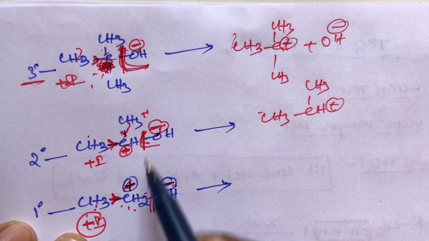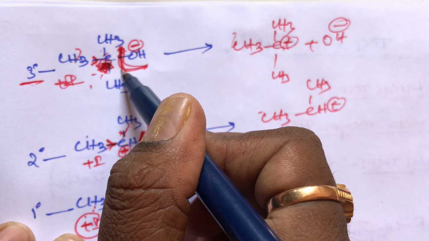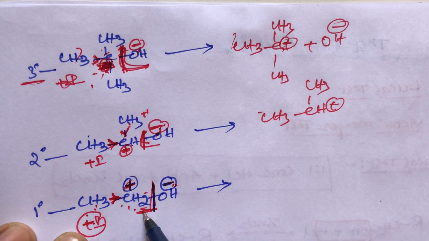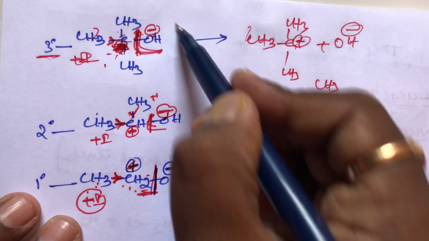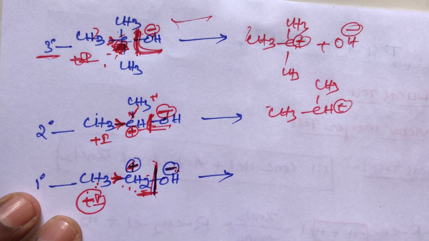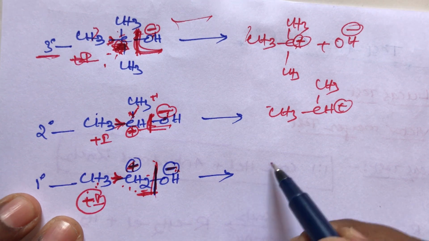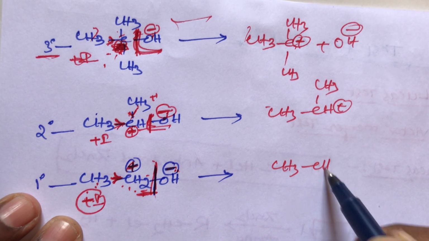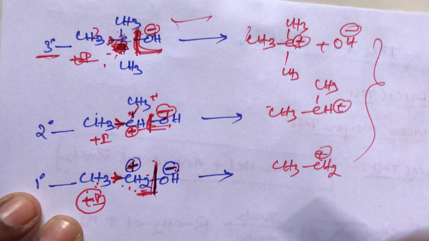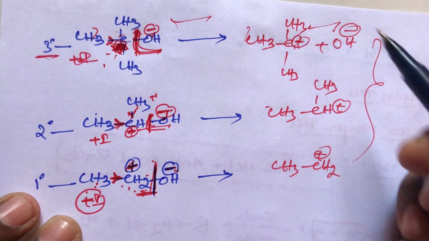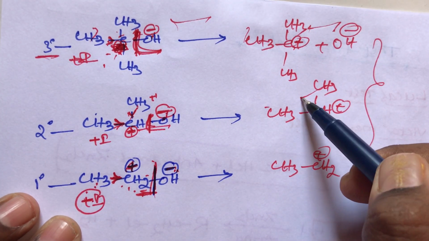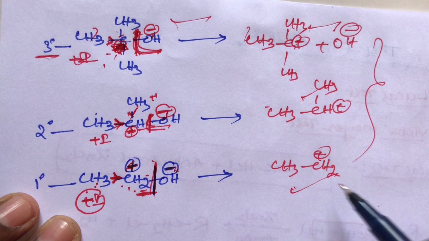Primary alcohols, compared to tertiary and secondary alcohols, do not break bonds easily, so they give a primary carbocation. So here, the stability of carbocations: tertiary carbocation is more stable than secondary carbocation, and secondary carbocation is more stable than primary carbocation.